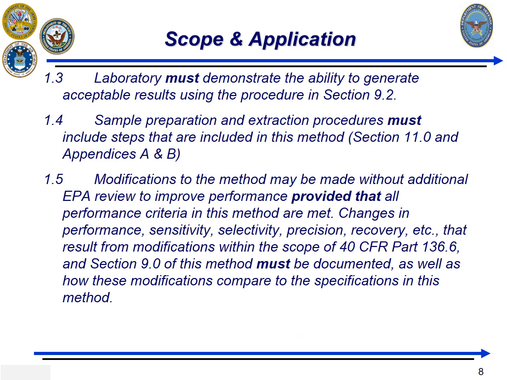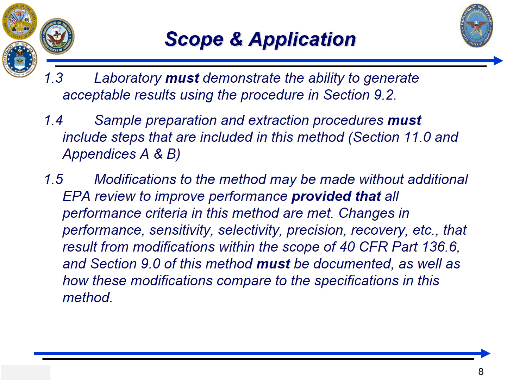Next, the method states that the laboratory must demonstrate the ability to generate acceptable results using the procedures in section 9.2. All sample preparation and extraction procedures must include steps that are included in sections 11 and appendices A and B. The method also states that modifications to the method may be made without additional EPA review to improve performance, provided that all performance criteria in the method are met.